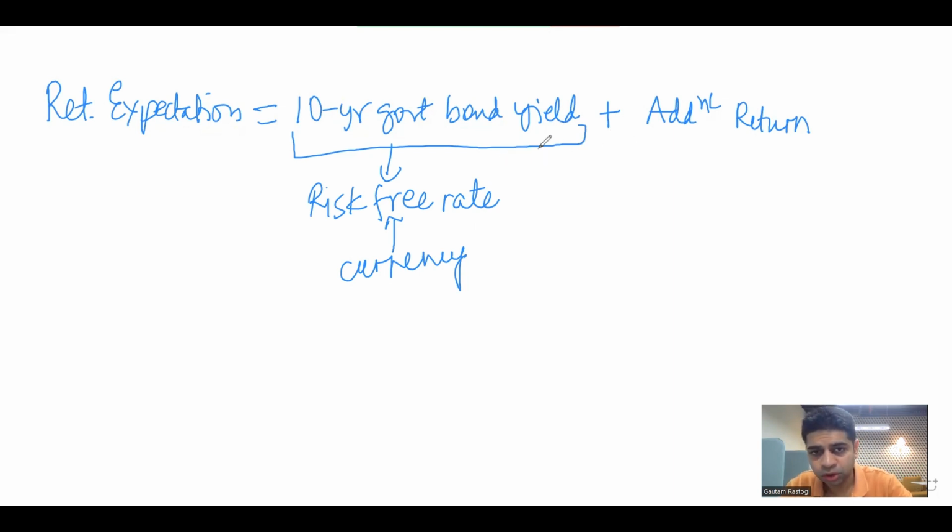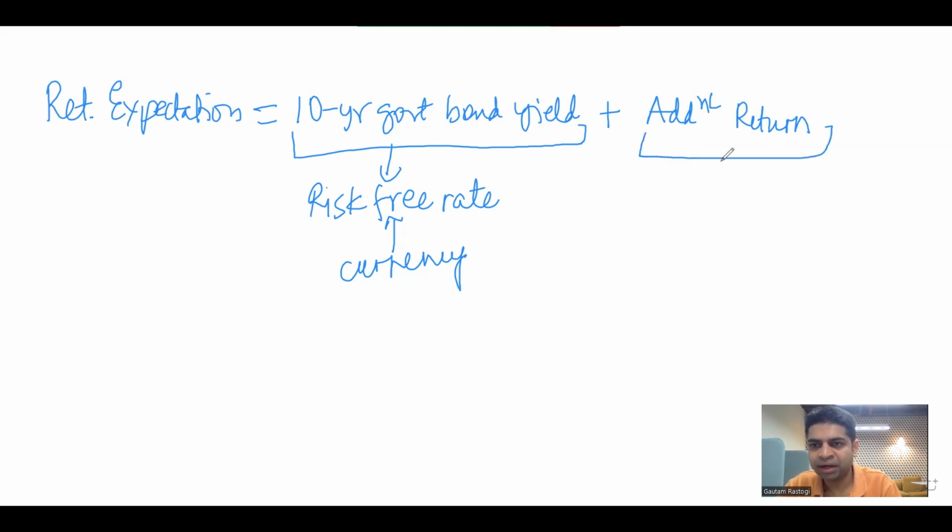Now I was talking about the additional return. If the investor invests in the equity market, say in the BSE Sensex or in Nifty, they are taking on the additional risk of the equity market.